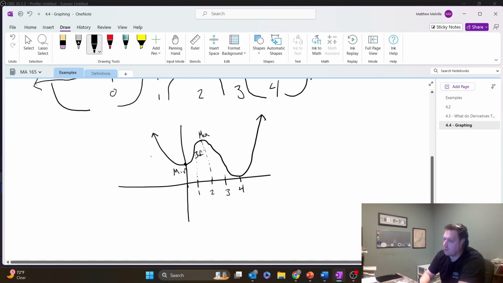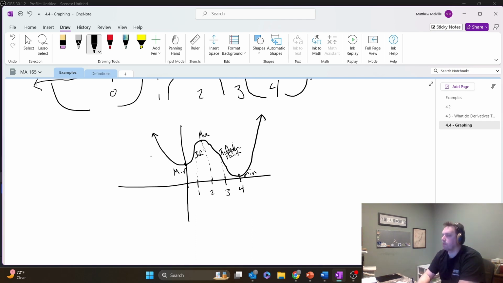This one right here is an inflection point. Minimum. And then increasing and decreasing forever. So the graph looks something like that.